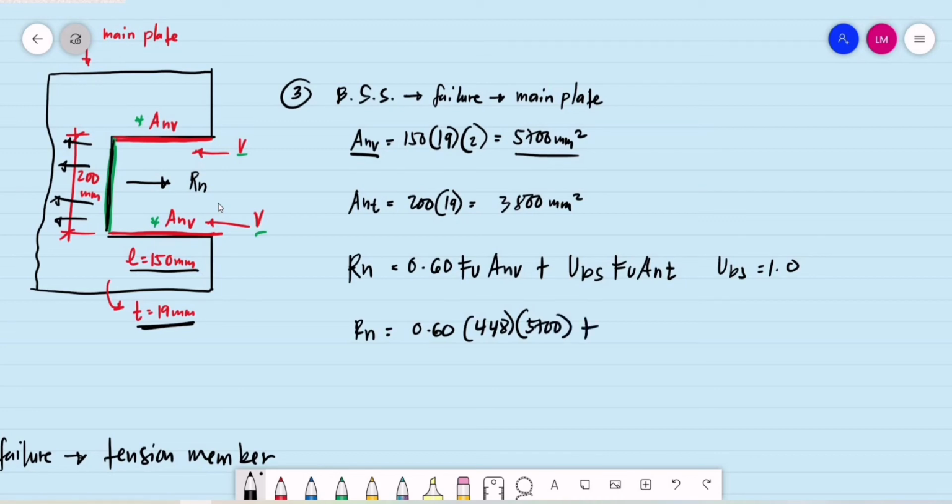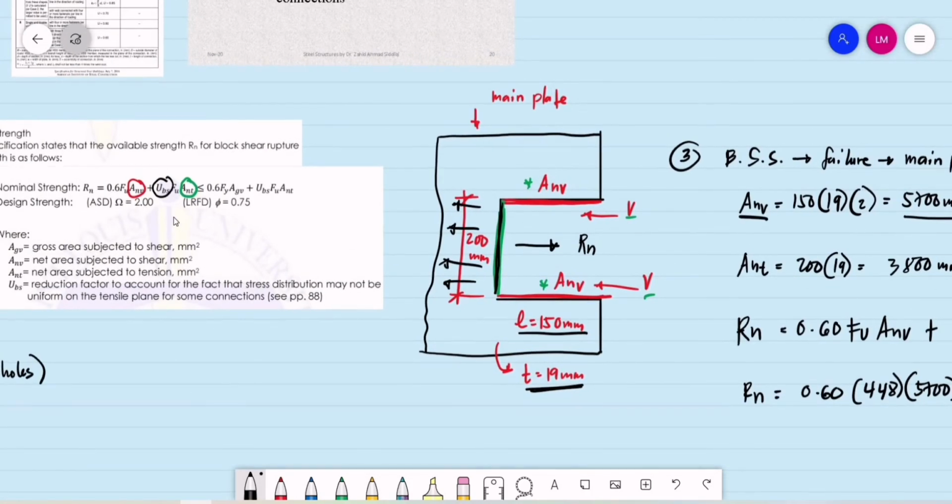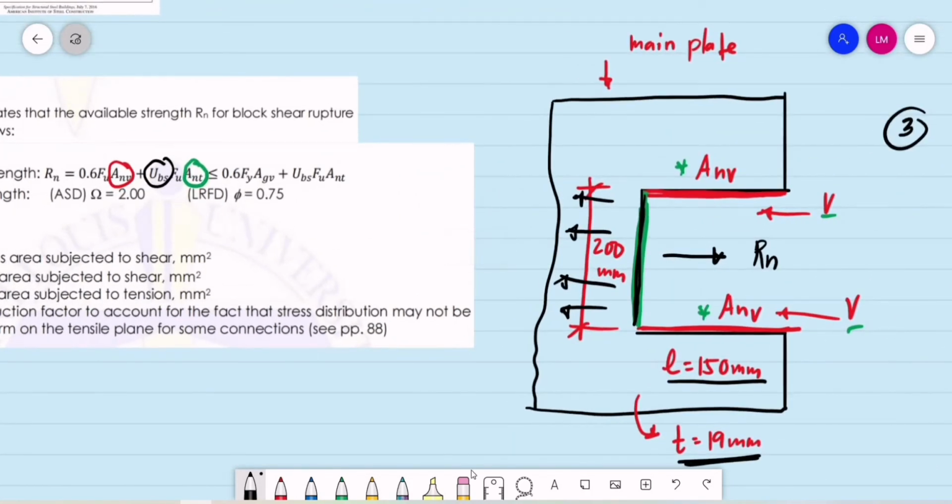Then plus, U sub Bs is 1.0 multiplied by Fu, that is 448 megapascals, multiplied by A sub NT, that is 3,800 square millimeters. So we just follow this equation first.